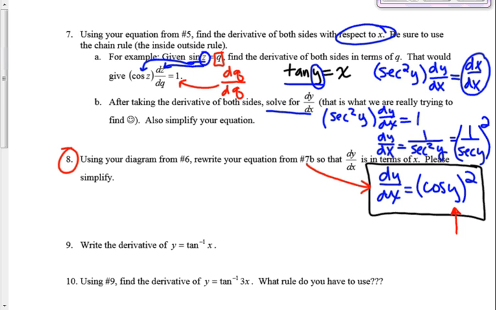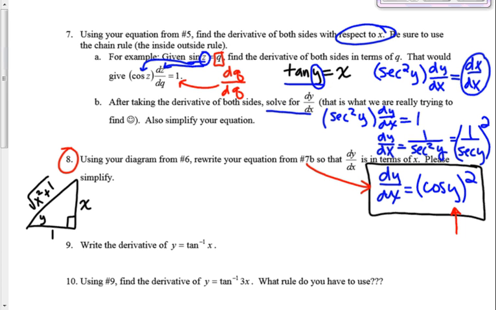Now I can't go ahead and put in tangent inverse of x, because that is so not helpful in anyone's world to have cosine of the tangent inverse of x quantity squared. That doesn't make any sense, and it doesn't help anyone. So what I want to do is redraw the triangle that I had from number 6. So that triangle from number 6, I had y here, and I had a tangent of y was x over 1, and I believe we found the hypotenuse to be the square root of x squared plus 1.